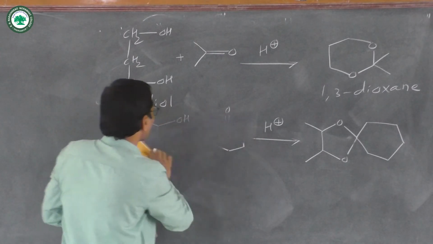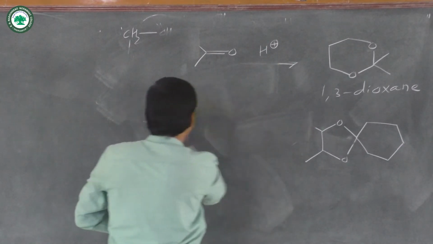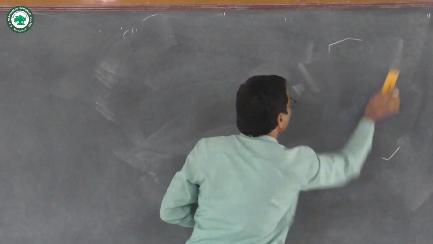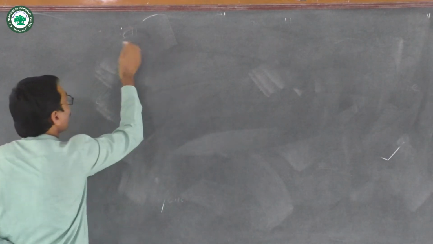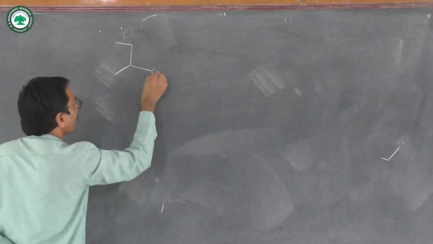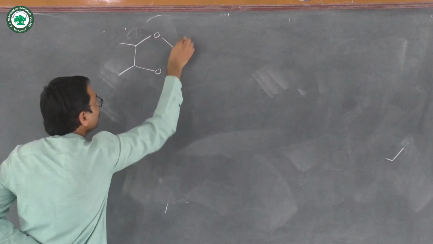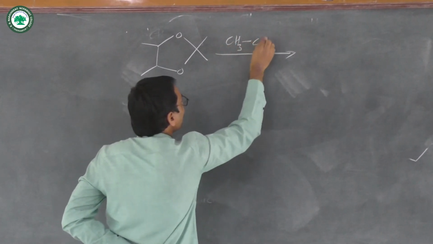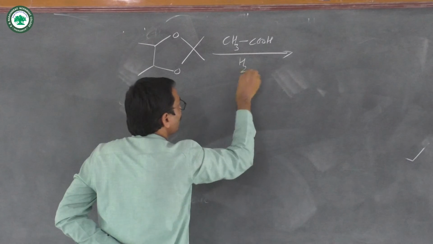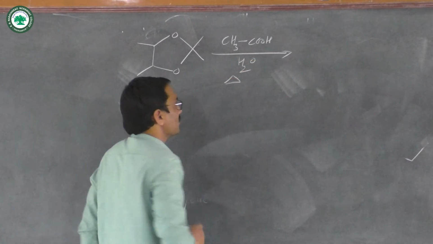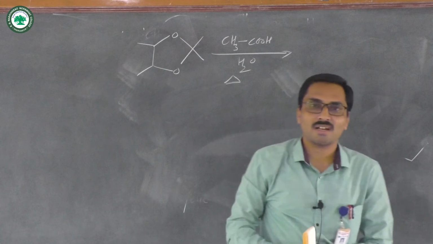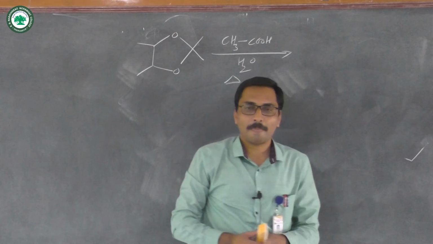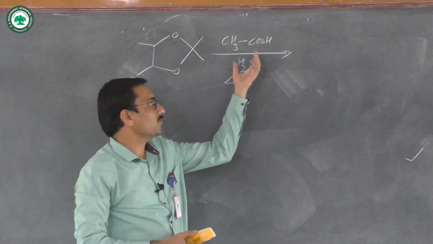Then we see the deprotection of diol, deprotection of ketal. Suppose here we use acetic acid, water under heating condition. Cyclic ketals are reactive towards acidic conditions.